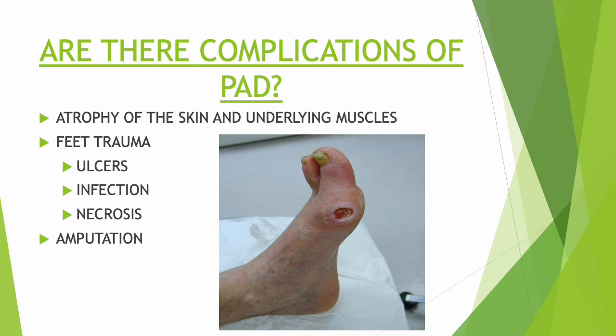In the previous slide that I talked about with clinical manifestations, I repeated the word ischemia, and that is very important in PAD because this ischemia can cause multiple complications such as atrophy of the skin and underlying muscles, wound infection, tissue necrosis, or even foot ulcers. This is due to delayed healing.